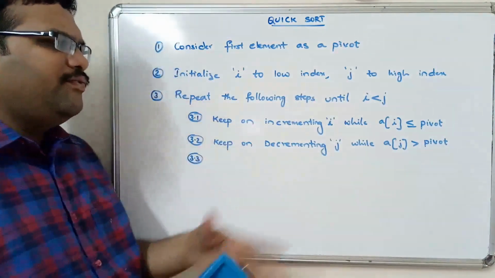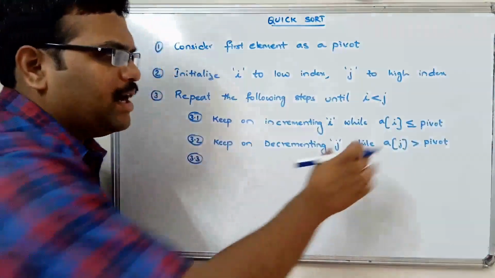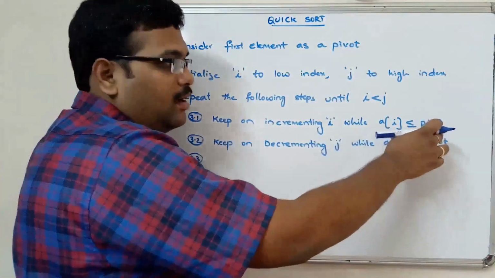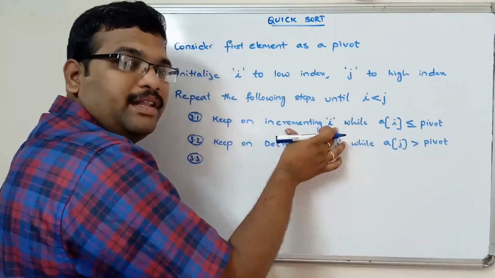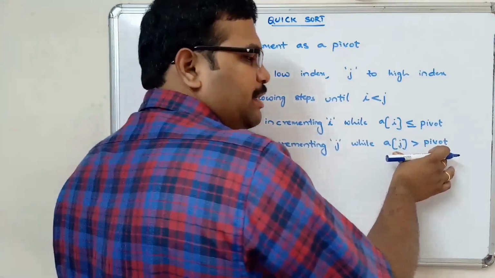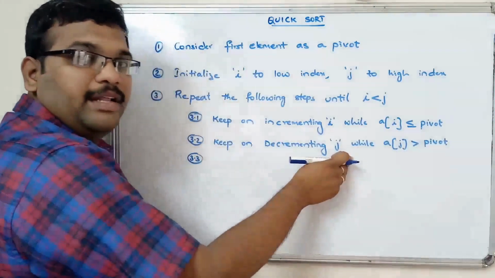If these conditions fail, at some point this condition will be false, so we have to stop incrementing i. At some element the other condition will be false, so we have to stop decrementing j.